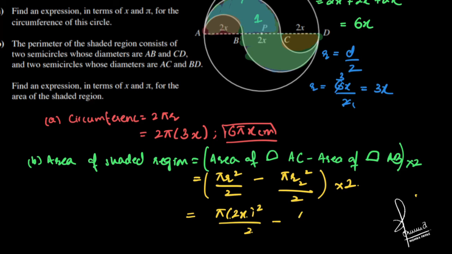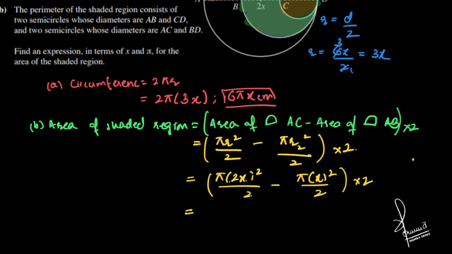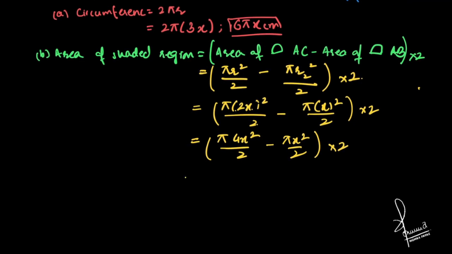So you will do pi into x squared over 2, multiplied by 2. Now solving this you get pi into 4x squared over 2 minus pi into x squared over 2, multiplied by 2. You can cancel, or another way that you can do it is, if I take this 1 by 2 common, I do pi into 4x squared minus pi into x squared, and this whole thing is multiplied by 2.